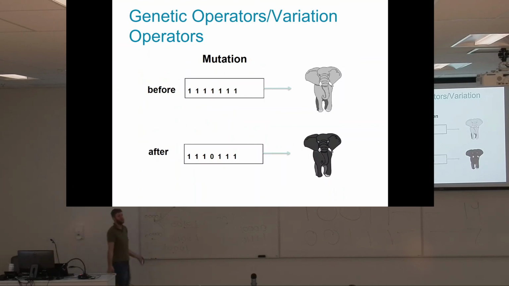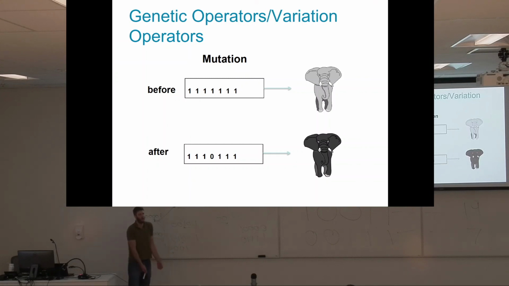Most of the time, mutations are crap. Most of the time when a mutation happens, it's not going to be good. But sometimes it is. We like that. For example, say we have a bit string that somehow decodes to the phenotype space of that elephant. I don't know how, but there's some magic decoding strategy, that if you decode the string 11111111, you get that elephant.